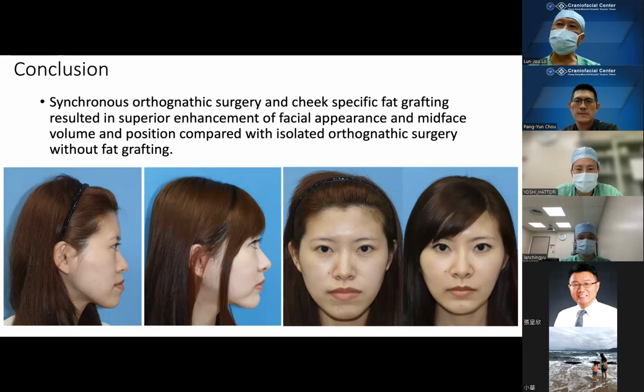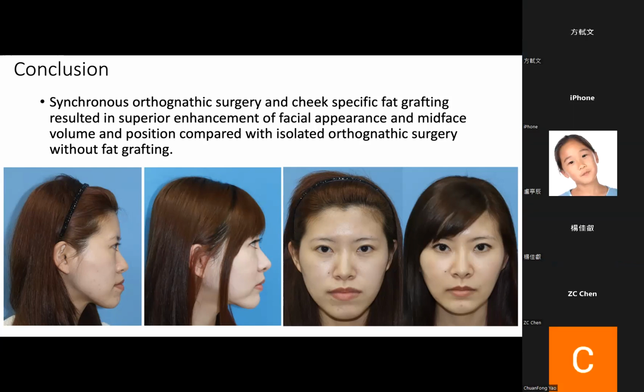Not only the fat injection, but also nose augmentation or double eyelid procedure, or even Botox injection. So combining the procedures is very helpful. This is what I learned from Professor Zhang. Thank you. Okay, thank you, Professor Low.